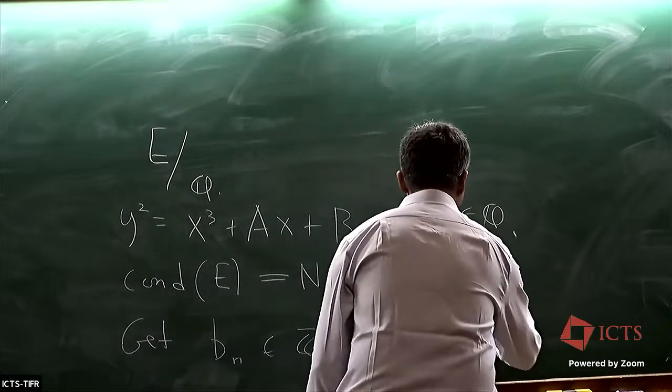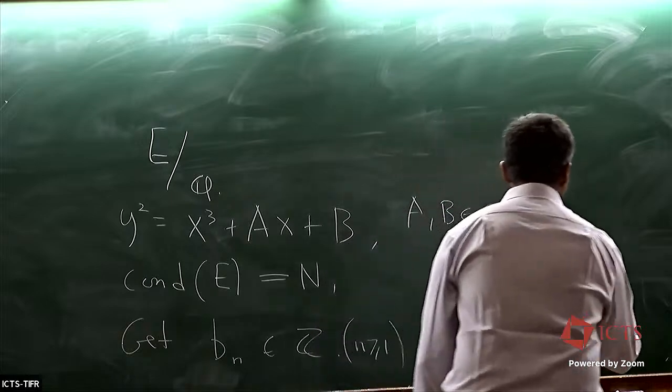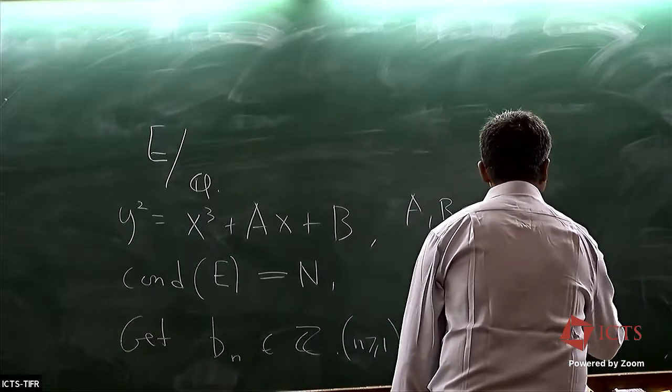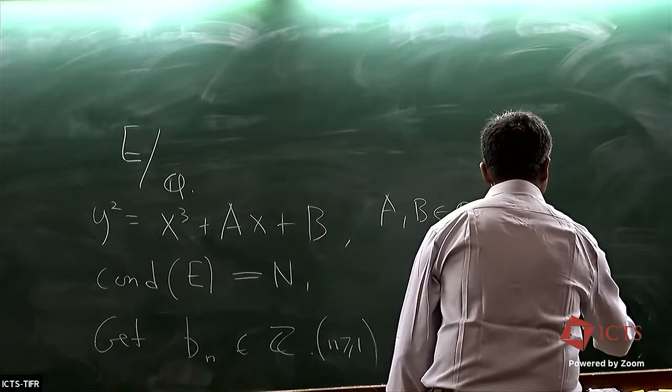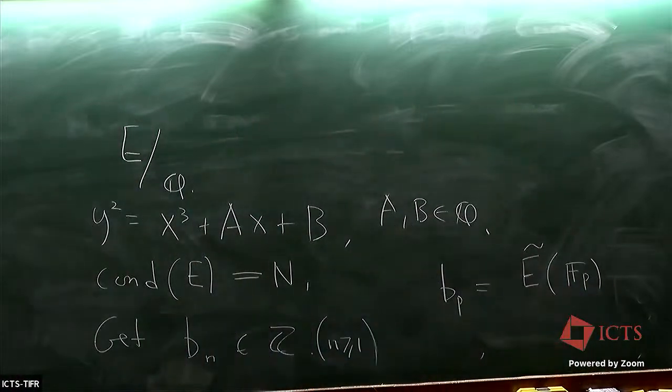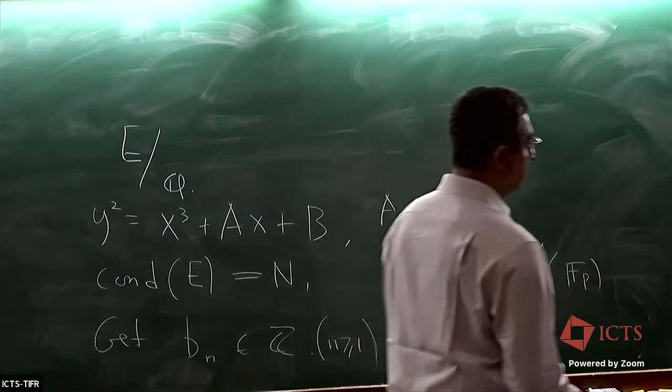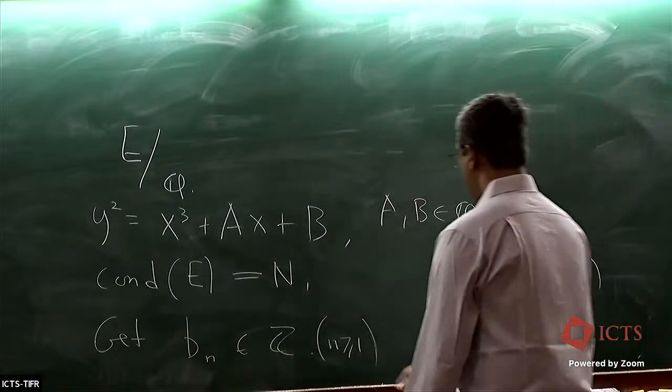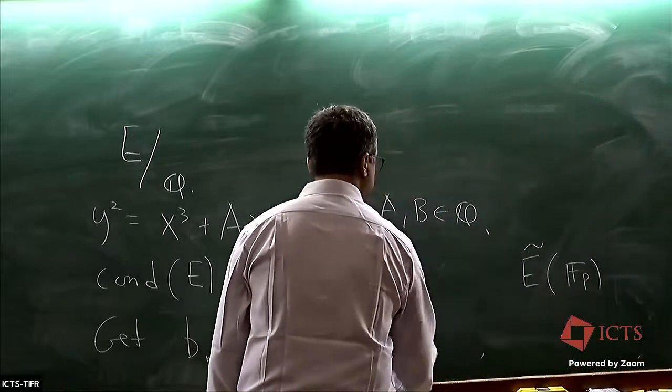Well, you define them for the primes first. If you avoid the conductor, this tilde means you reduce the coefficients a and b, think of them as integers, mod p, and you get an equation over a finite field. You can count the number of solutions. Generically, it'll be p plus 1. But b_p is the error.